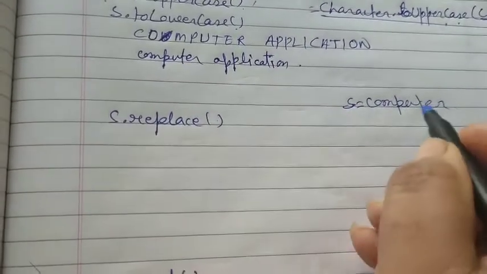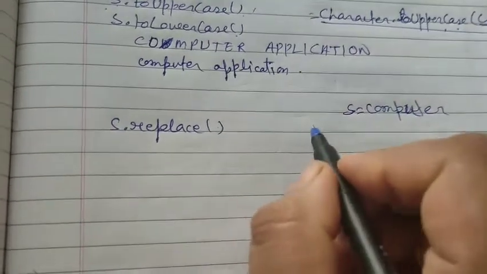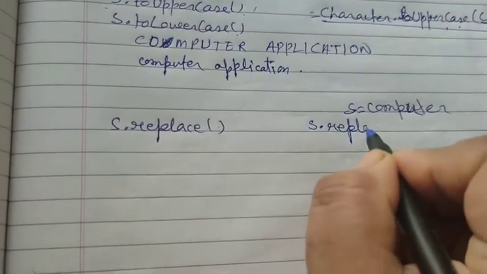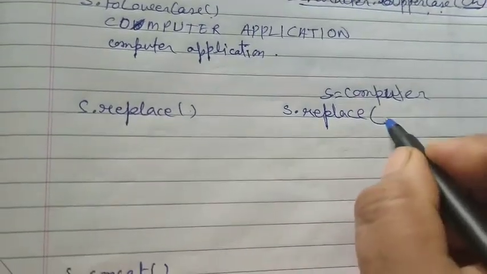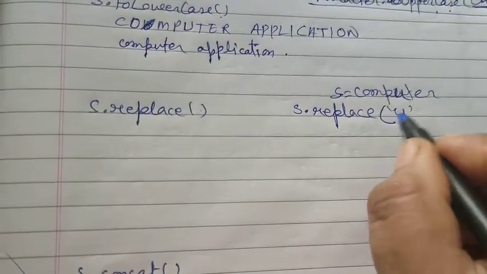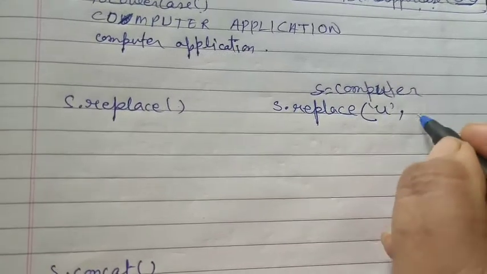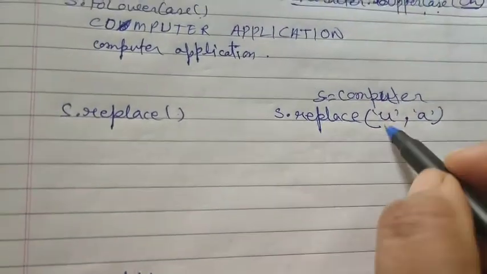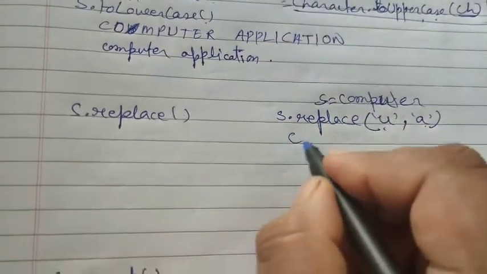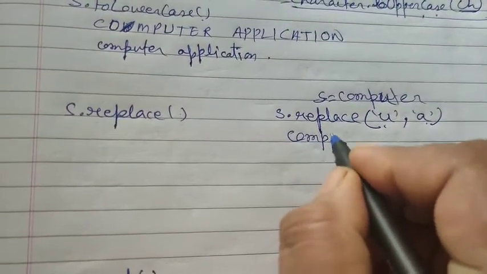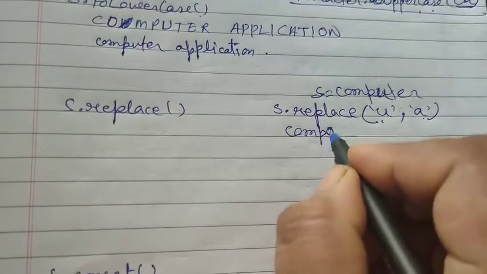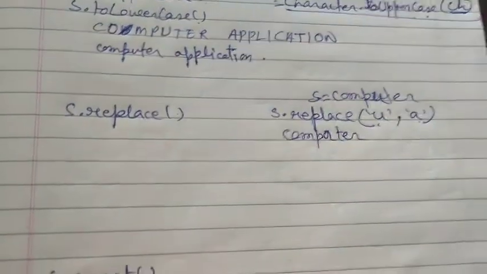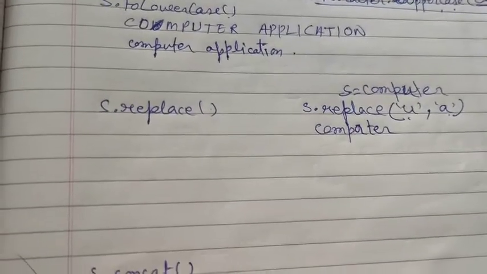So what you write is s.replace, the character you want to change in single quotes, and the character you want to change it with, that is u with a. So your answer will be "compater". Here u is changed to a. So this will be your new string.